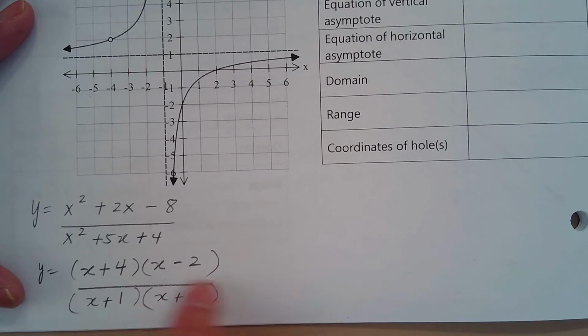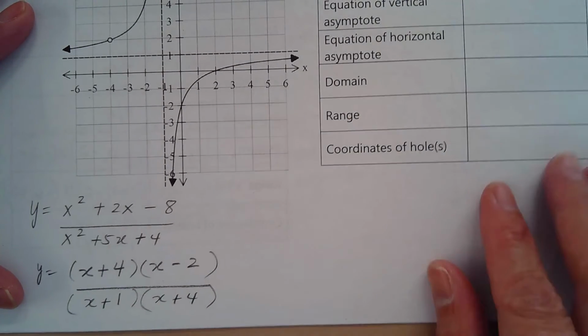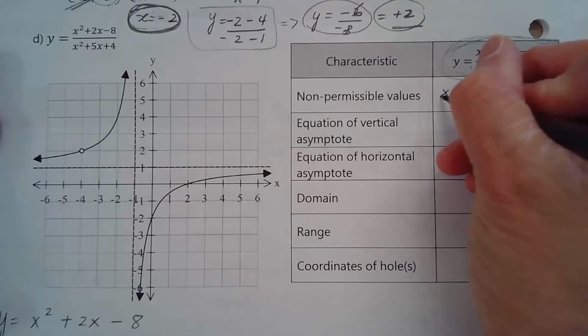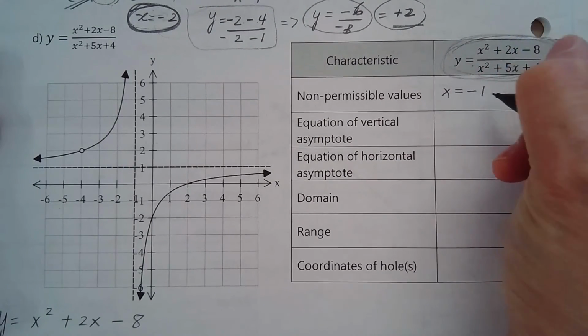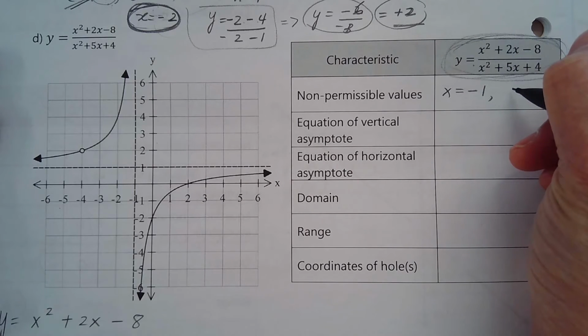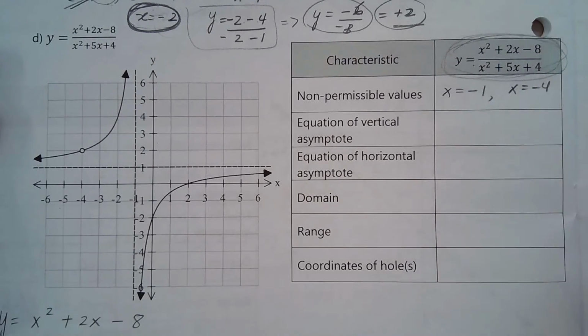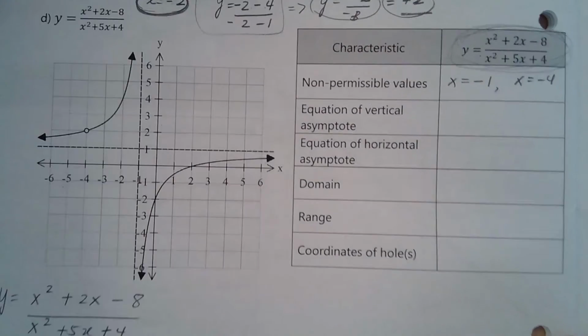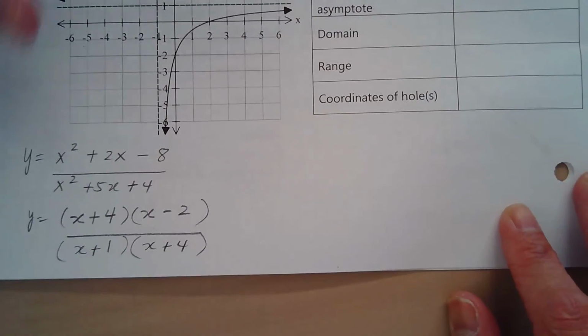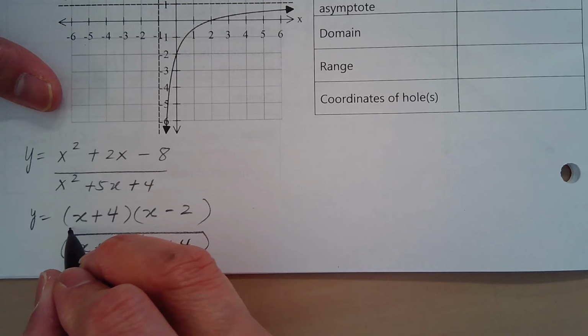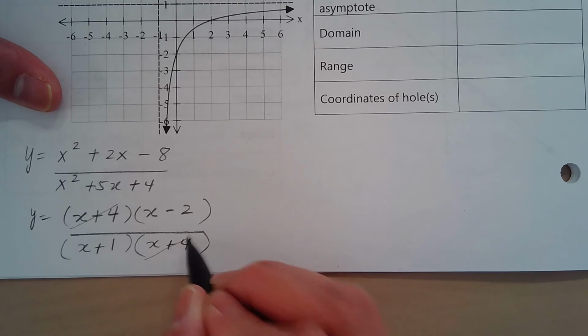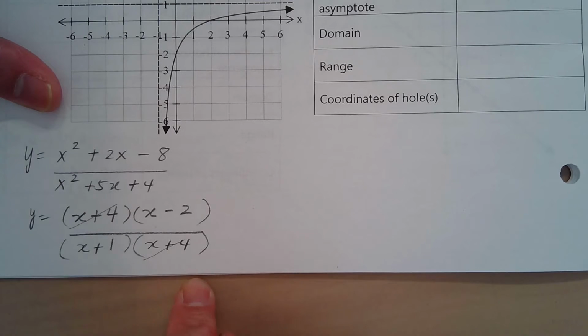Looking at this one, the denominator will make it 0 when x equals negative 1 and negative 4. So these are the non-permissible values. You notice that x plus 4 is a common factor in both numerator and denominator.